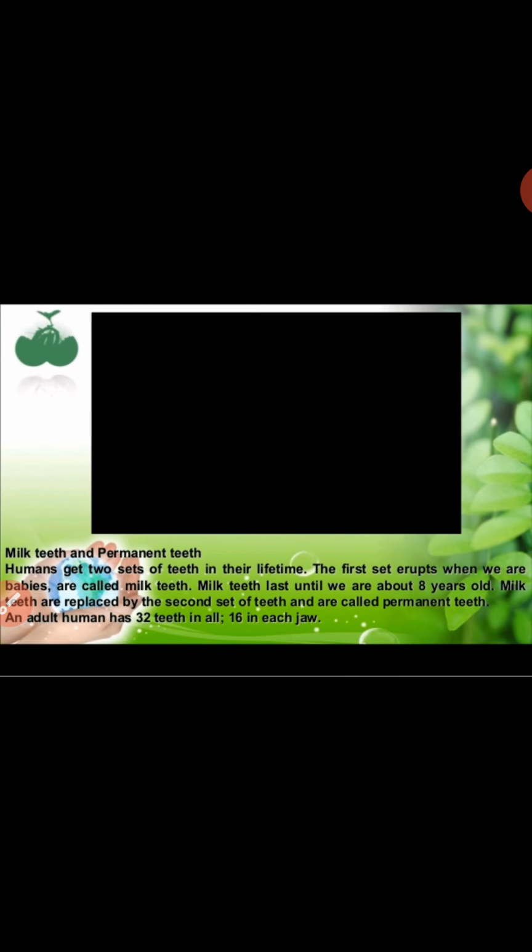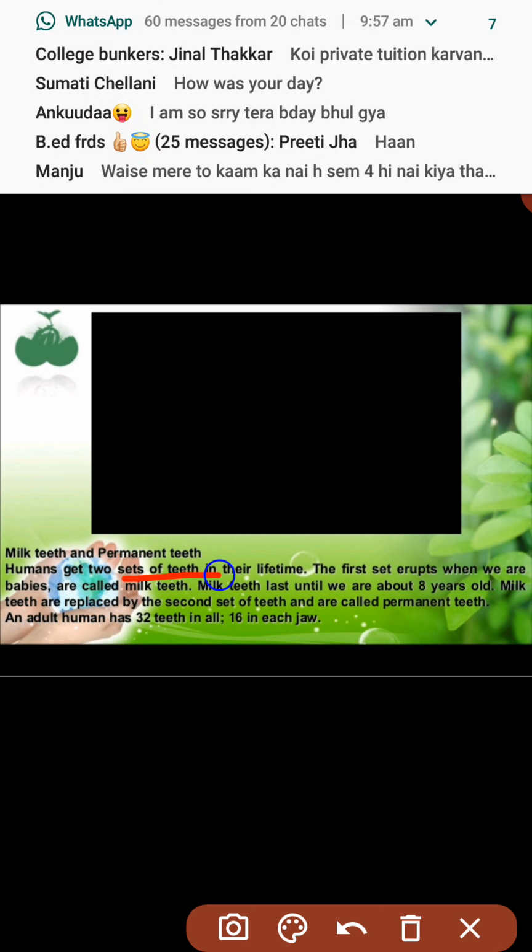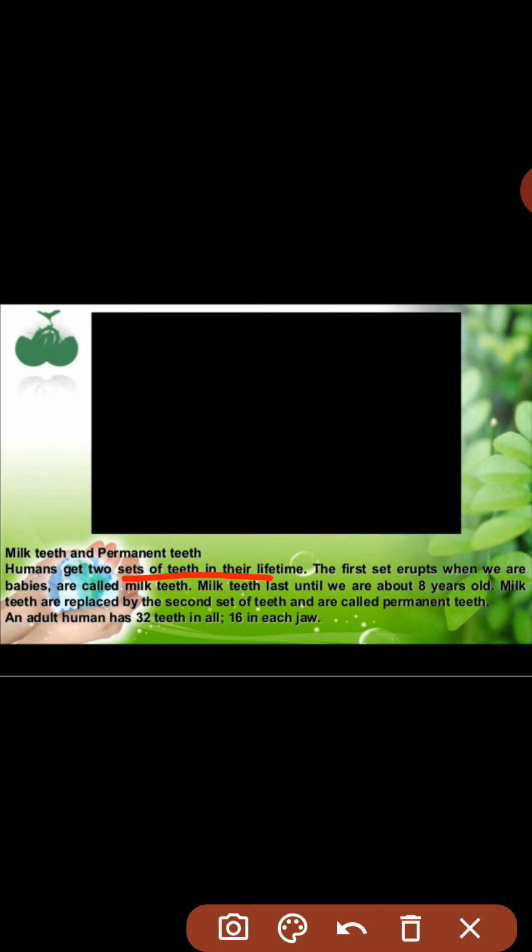Next, we are going to speak about milk teeth and permanent teeth. Humans get two sets of teeth in their lifetime. The first set erupts when we are babies, in the infant age. These teeth are called milk teeth.